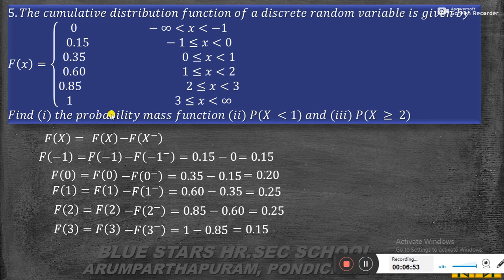Find the probability mass function, probability of x less than 1, and probability of x greater than or equal to 2. So here they ask about the probability mass function.